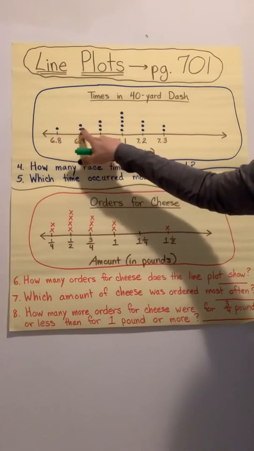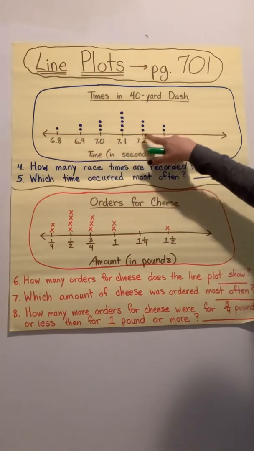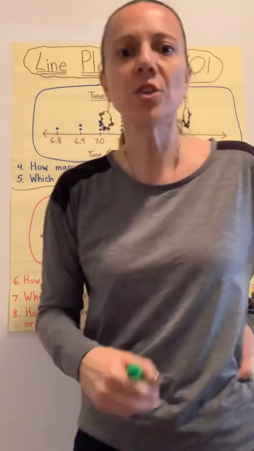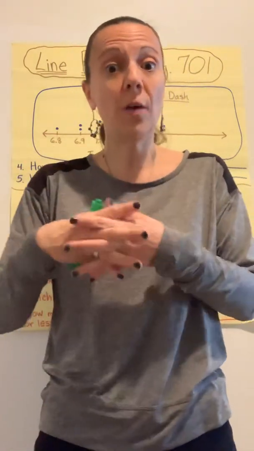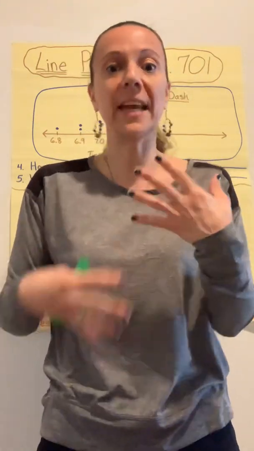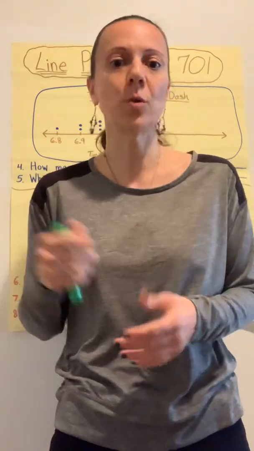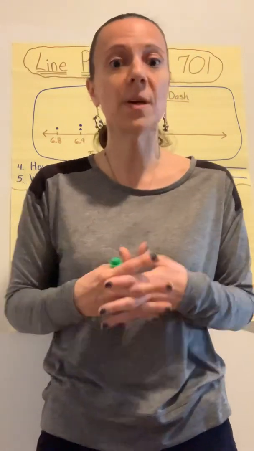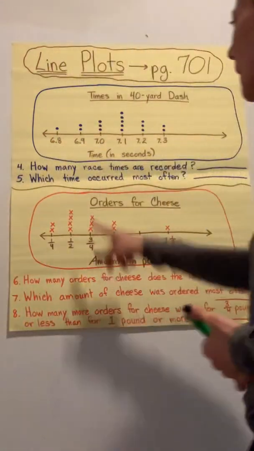Each one of these dots represents one person's time. So there are really two different things I could be asked about here. I could be asked about the number of people, like how many people ran, how many people gave a certain time, or I could be asked about the times, like what is the shortest time, what is the longest time, something like that. So let's look at those two different types of questions.